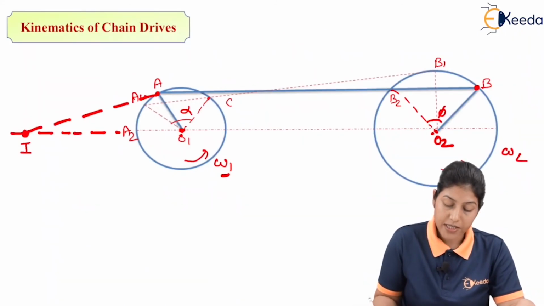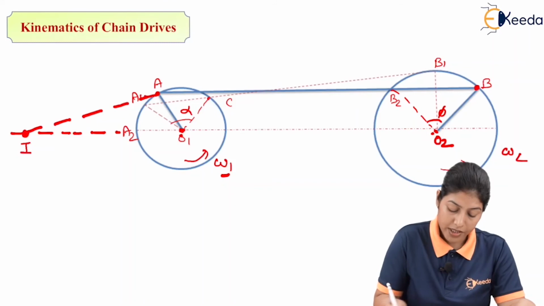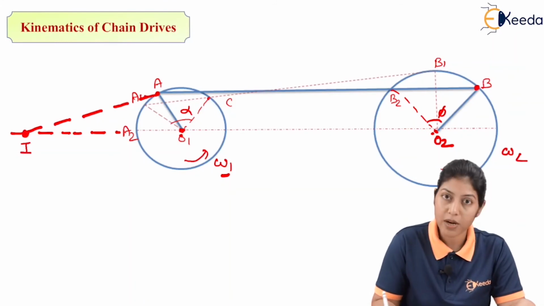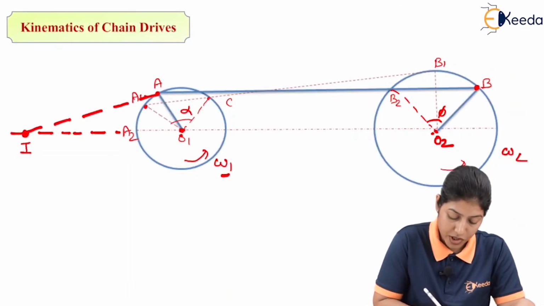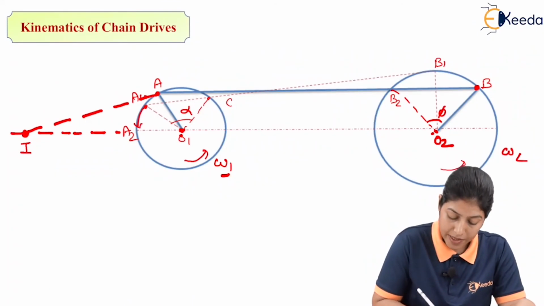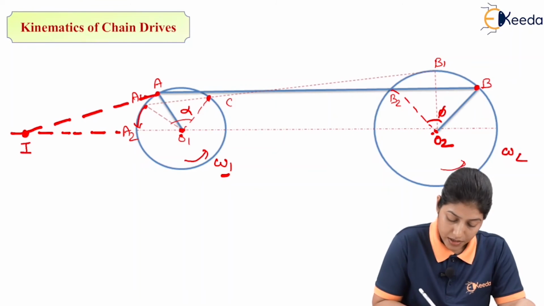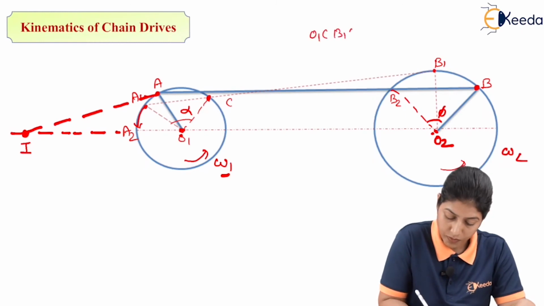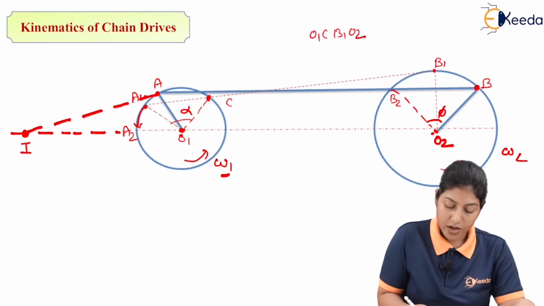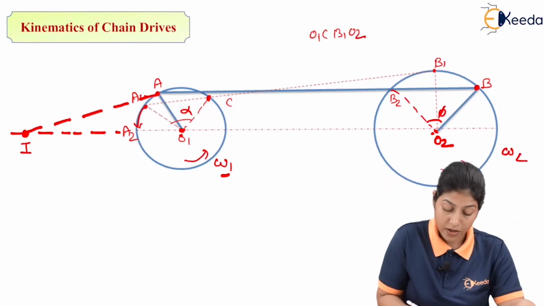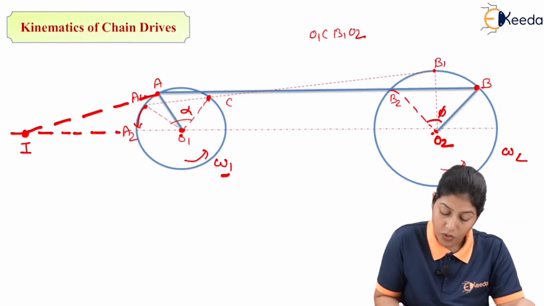Now here we are considering the second 4-bar mechanism for the second change in position from A1 to A2. In that condition, the 4-bar mechanism which we are considering is O1C B1 O2. So here we will define the instantaneous center for O1C and O2B1.